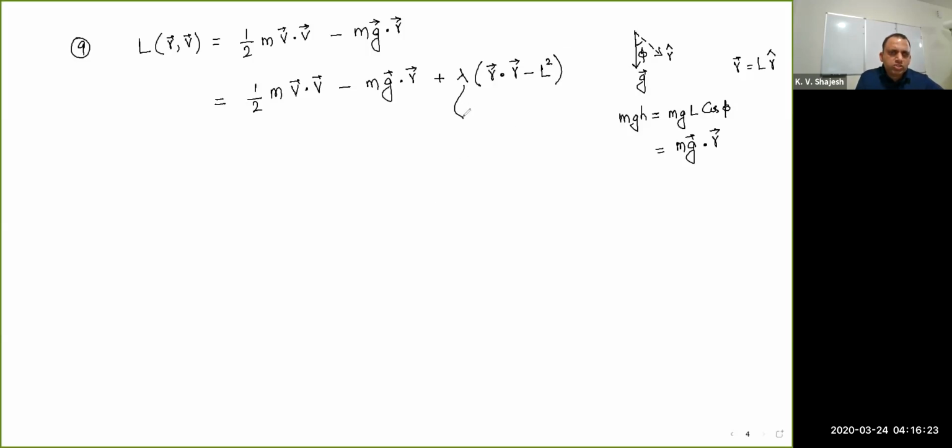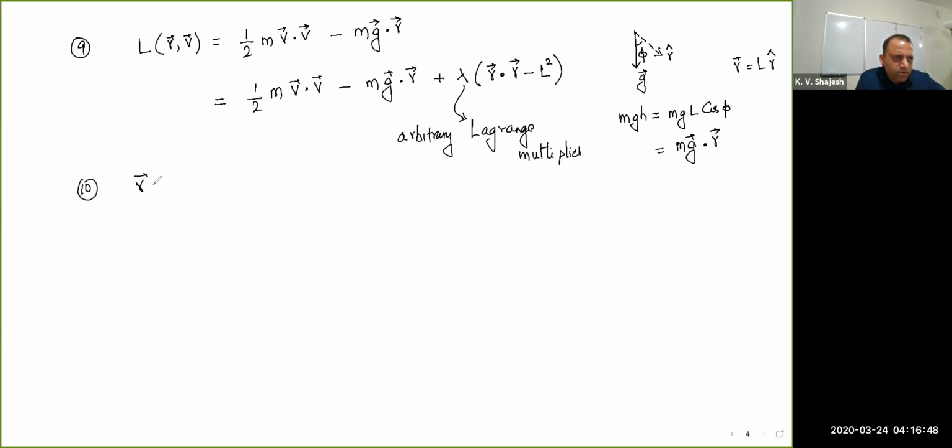So this is the Lagrange multiplier. It's an arbitrary multiplier at this point. And remember, r dotted with r minus L square is the equation of constraint.